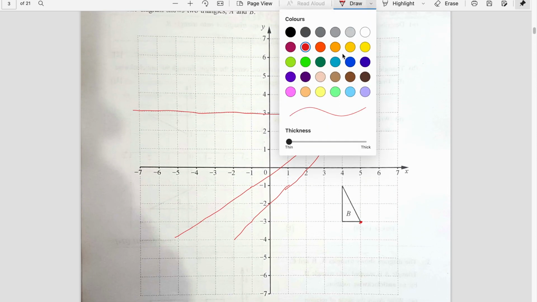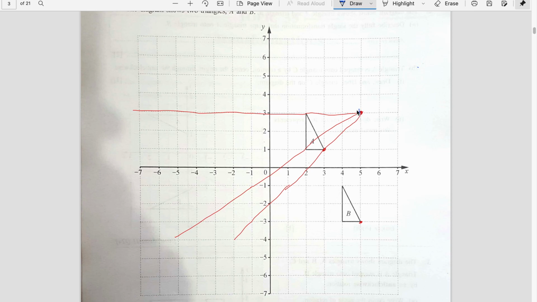So always count from the center, from this point to this is first, second, third. So I found my point. Then this is first, this is second, this is third. So you found your third, and this is 1, 2 and 3. So draw the triangle C and label it.